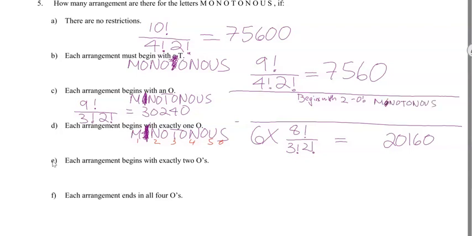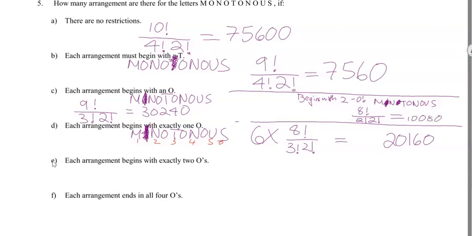Begins with two O's, so get rid of two of the O's. Say we have 8 letters left, 2 of which are O's and 2 of which are N's. So that's 8 factorial over 2 factorial, 2 factorial, which is 40,320 divided by 4, so that's 10,080.